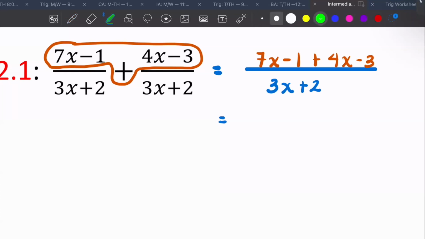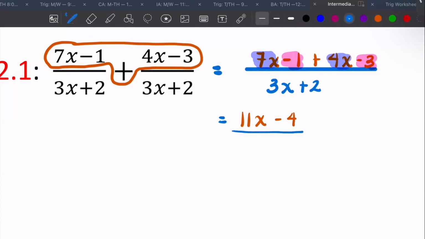Well, we're just going to add like terms, right? There's a 7x and 4x, -1 and a -3. Okay, so we have 11x minus 4 over our common denominator that was already there, 3x plus 2. Okay, and that's it.